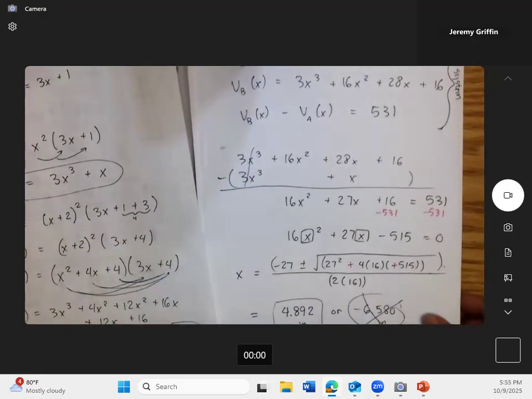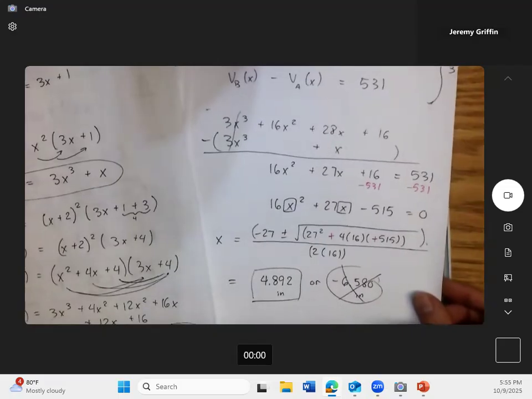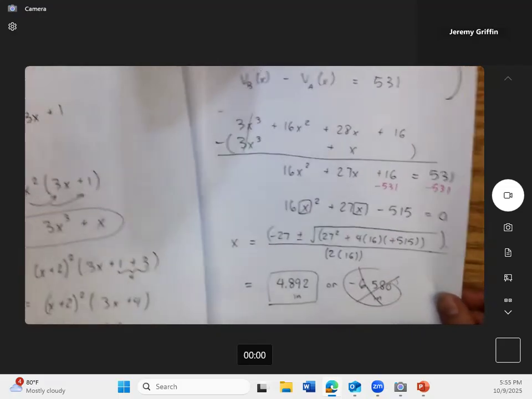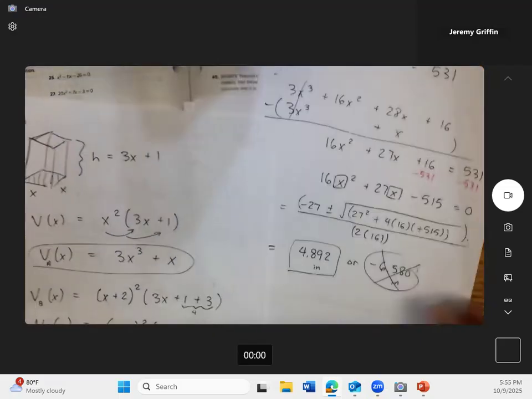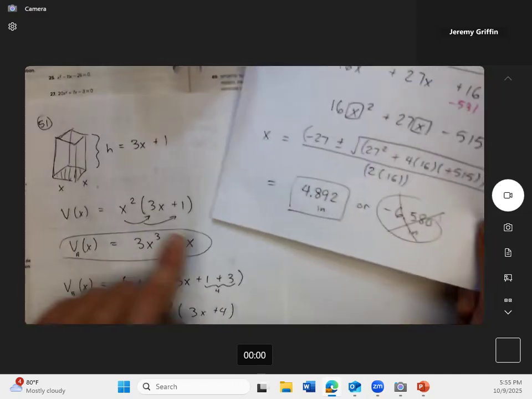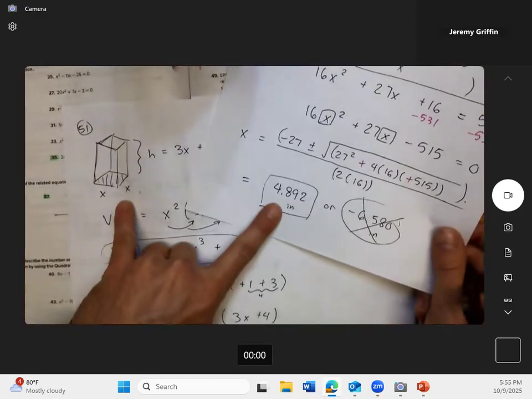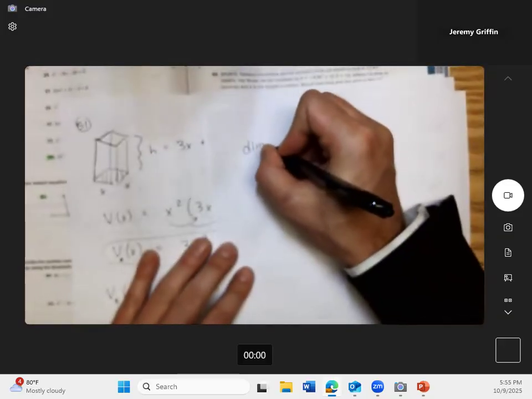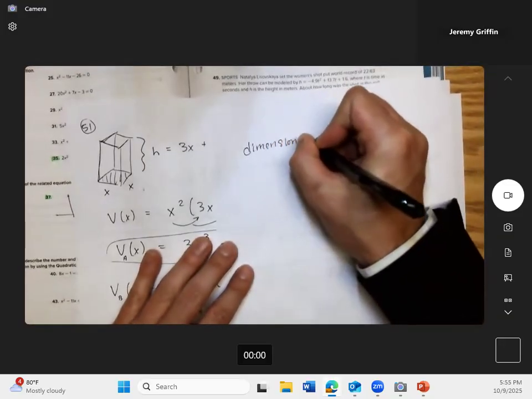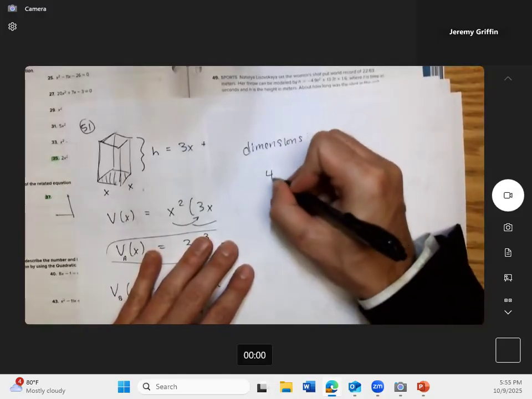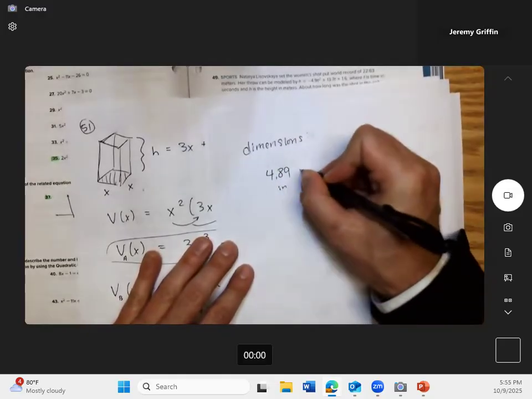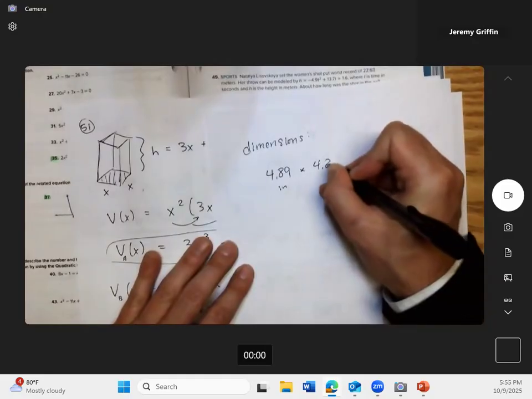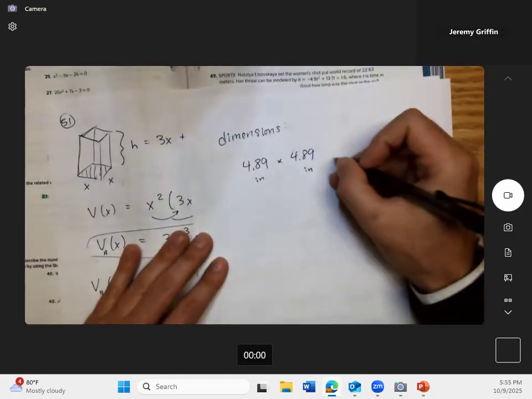To finish this off, because the original framing of the question is what are the dimensions of the box, I know this x is 4.89 inches. So the dimensions are 4.89 inches by 4.89 inches, rounding to the nearest hundredth.